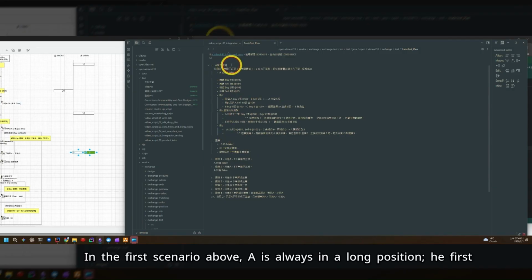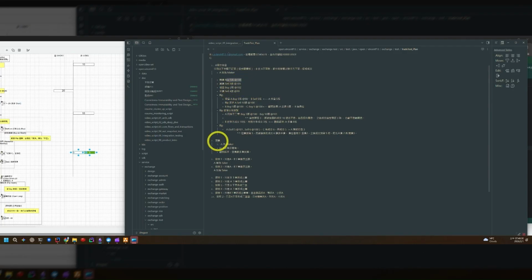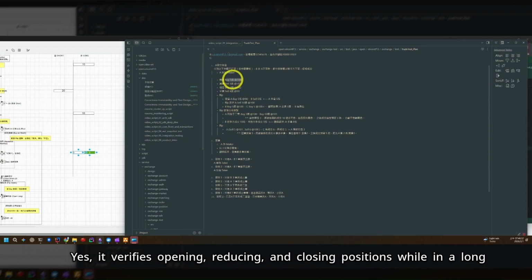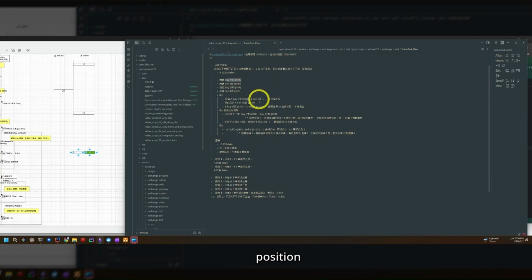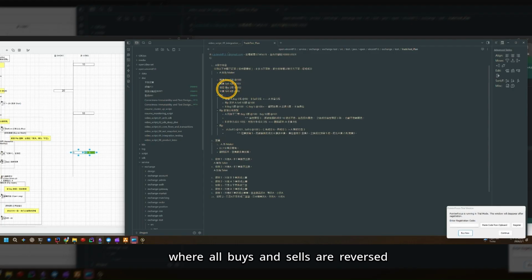In the first scenario above, A is always in a long position. He first buys and then reduces, increases, or closes the position while in a long position. Then, yes, it verifies opening, reducing, and closing positions while in a long position. In the second scenario, it's the reverse, a short position scenario where all buys and sells are reversed.